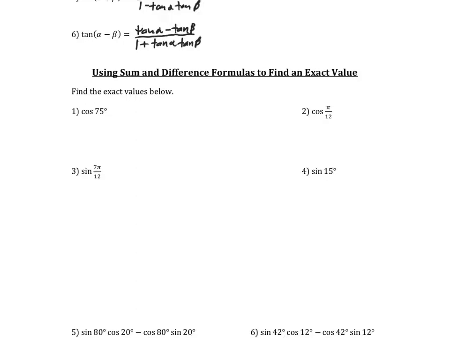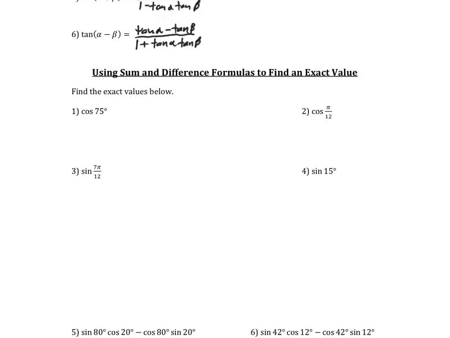So what I would be thinking about initially, if I see cosine of 75 degrees, is, all right, it's not one of my normal special angles. Is it possible that I could make up 75 degrees using the sum or the difference of two special angles I do know? While there are probably an infinite number of answers, the most obvious one might be 45 and 30.